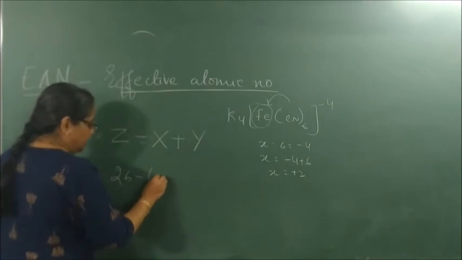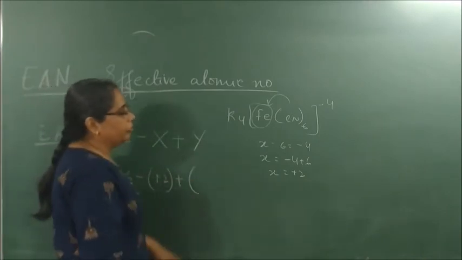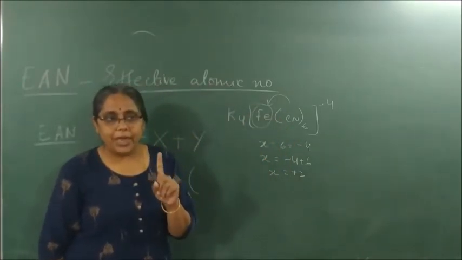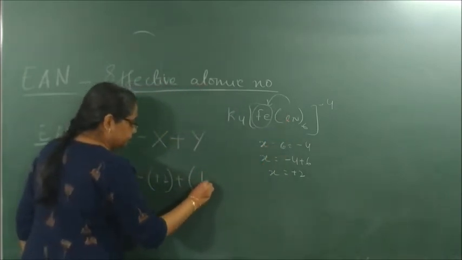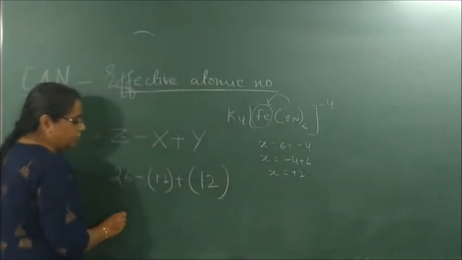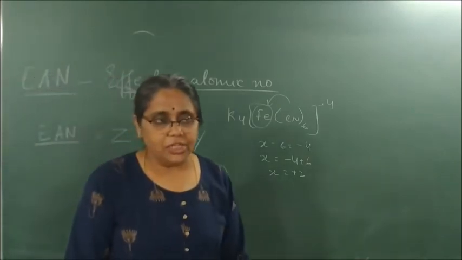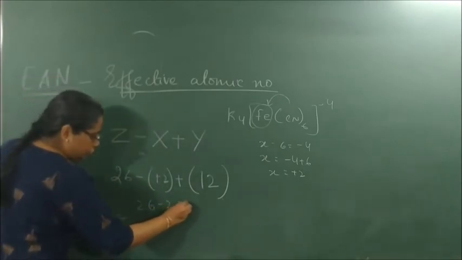Plus how many electrons? CN is a unidentate ligand, so it gives only one pair of electrons. So 6 into 2, 12. How much is it? Calculate. 26 minus 2 plus 12.